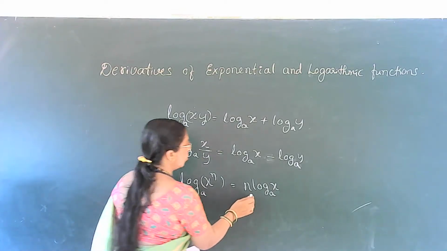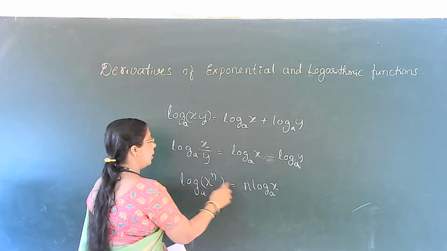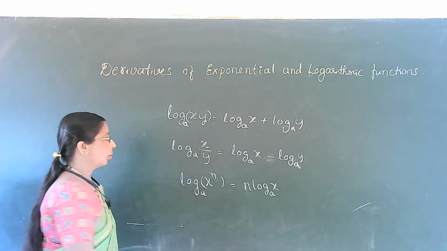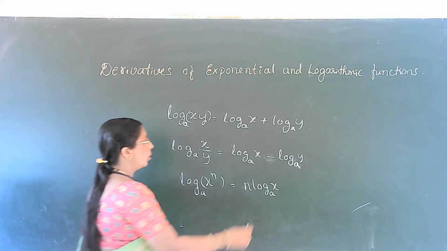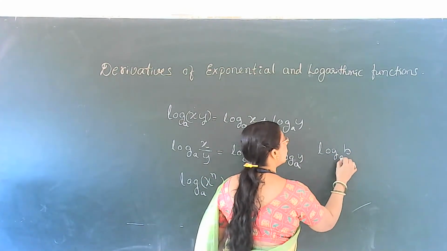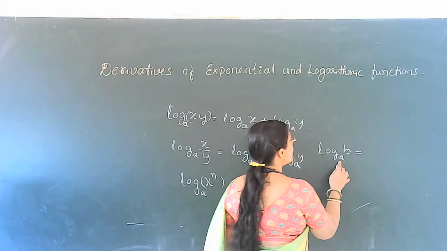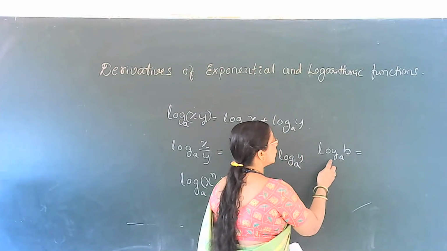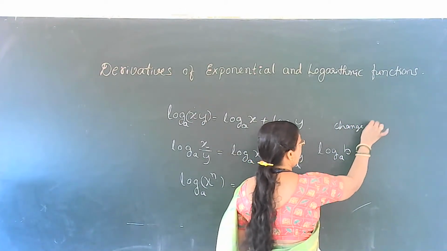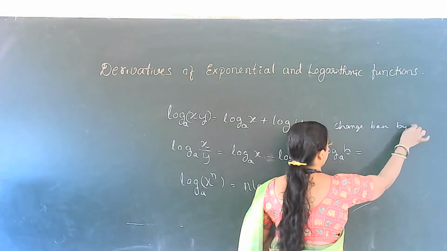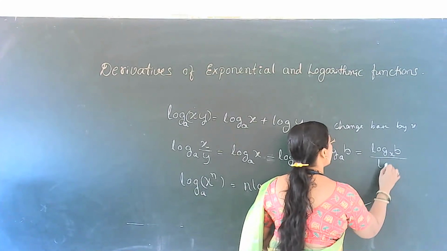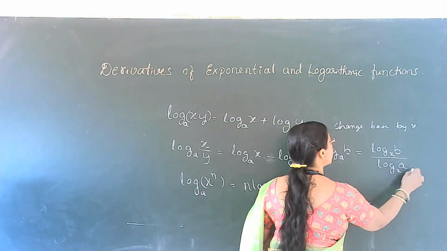The power is written as a product. Then the change of base rule: changing the base a to x, log of b to the base a is equal to log of b to the base x divided by log of a to the base x.